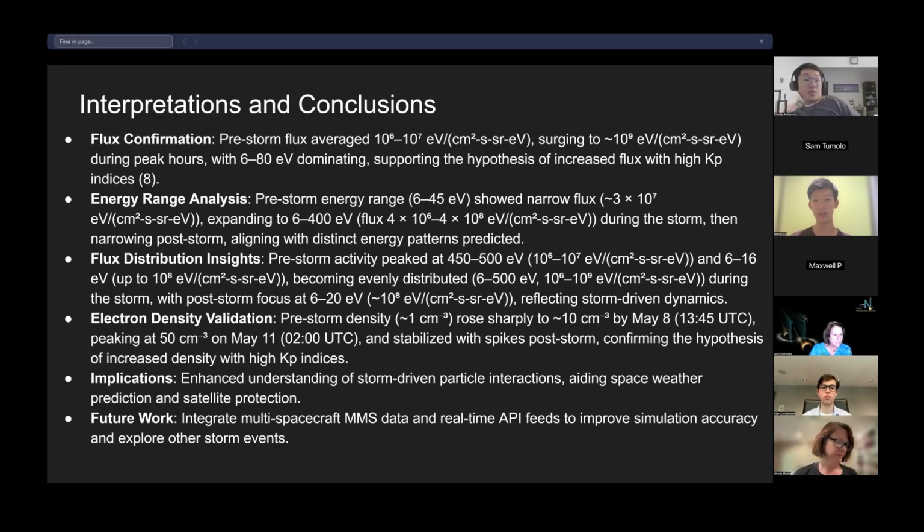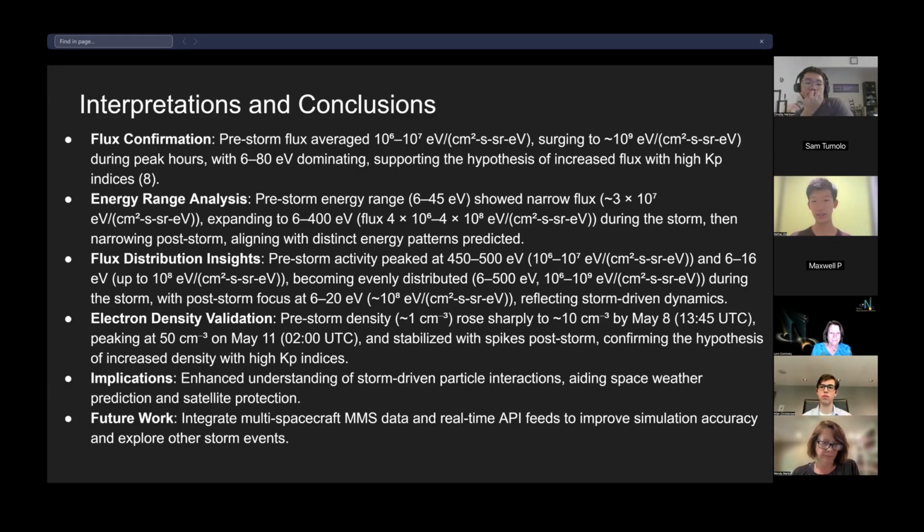I also found that pre-storm energy ranges showed a narrower flux, expanding during the storm, so there's a correlation pattern as predicted by the hypothesis.